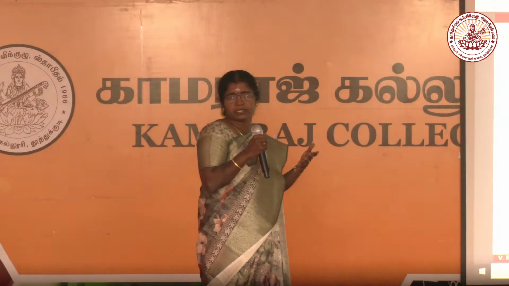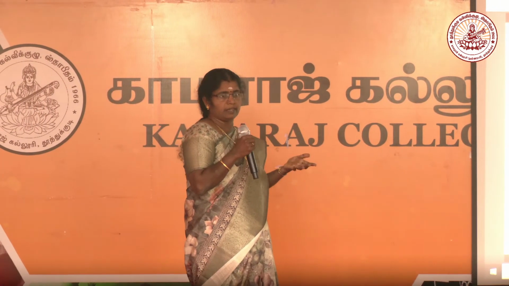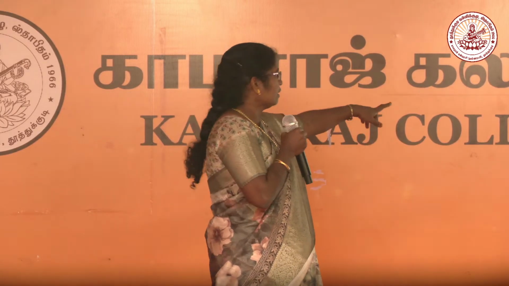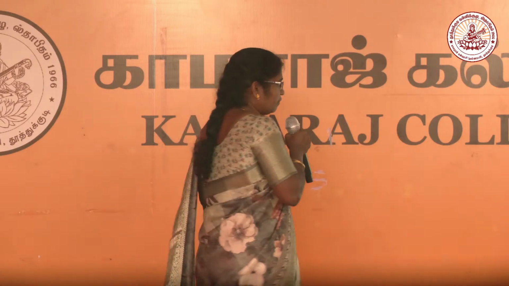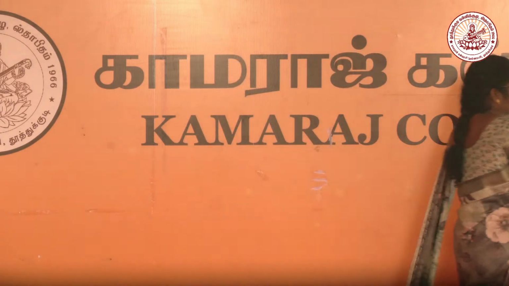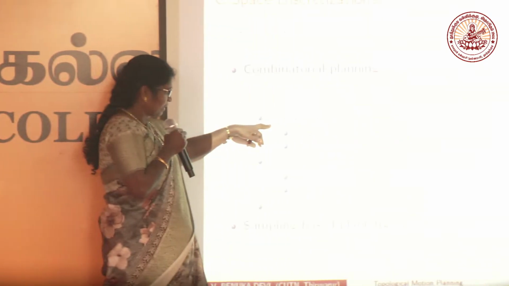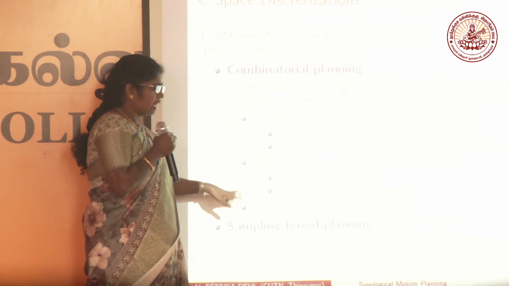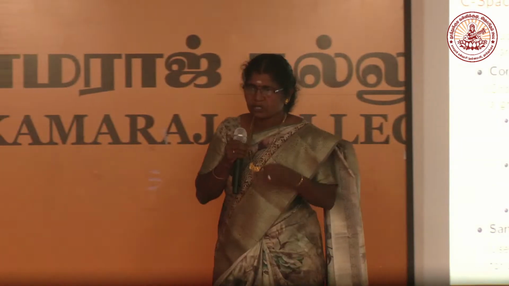Suppose the dimension of the configuration space is very high; in that case we use sampling based planning. But for simple 2-dimensional or 3-dimensional or finite dimensional spaces, we can use combinatorial planning. Under combinatorial planning, we have the roadmap method, cell decomposition, and potential field. These three come under combinatorial planning techniques.